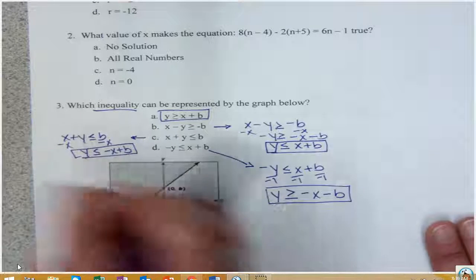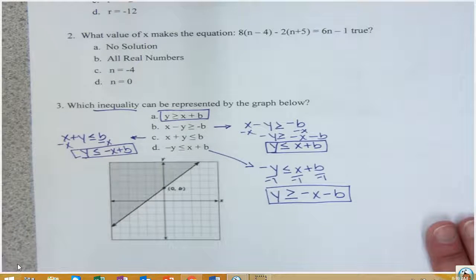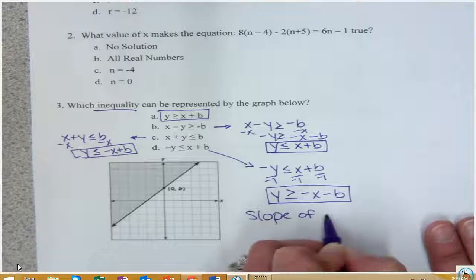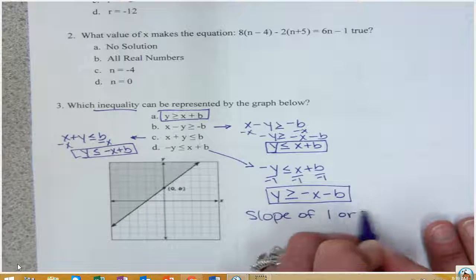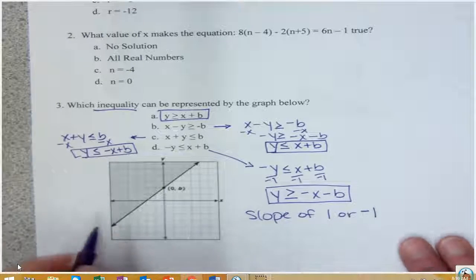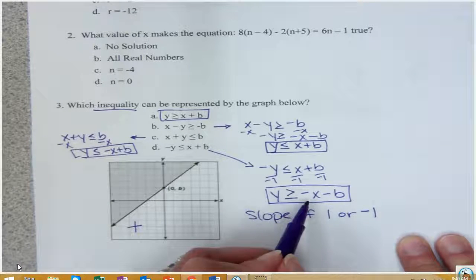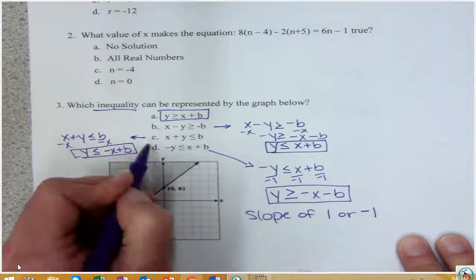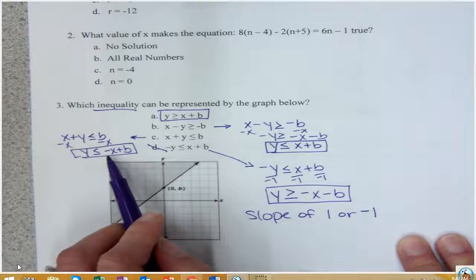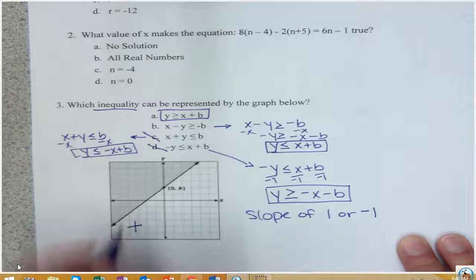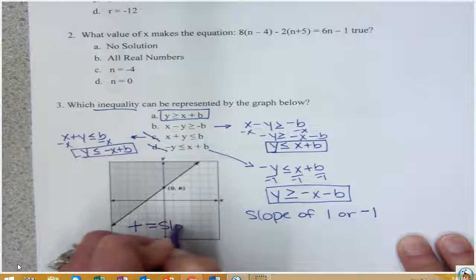Which of these four equations are represented by this graph? Well, they all have a slope of 1 or negative 1, and I see that my slope is positive. So I know that this one, which has a slope of -1, is incorrect, and this one that has a slope of -1 is incorrect, because I've got a positive slope.